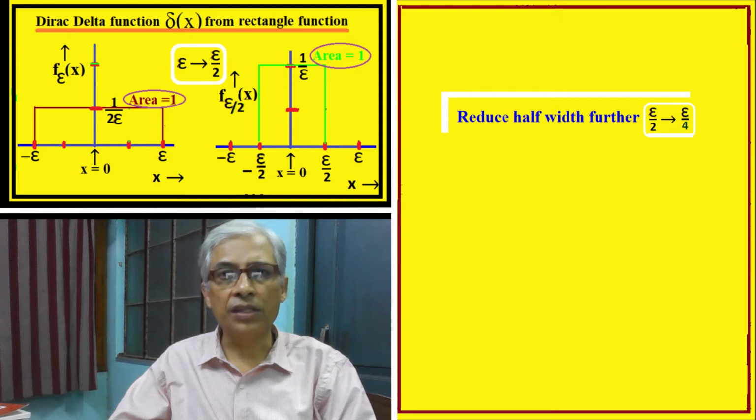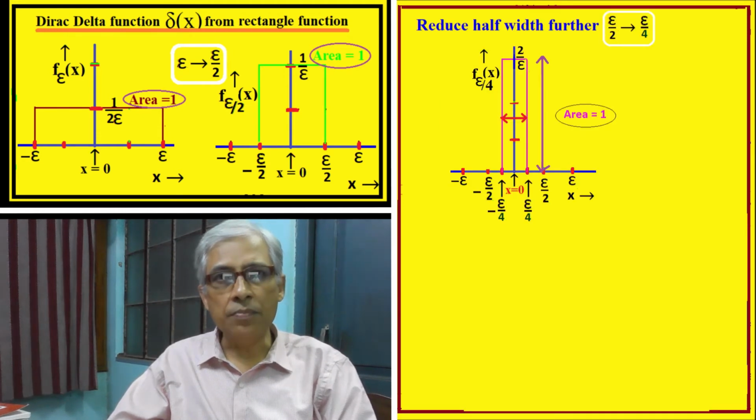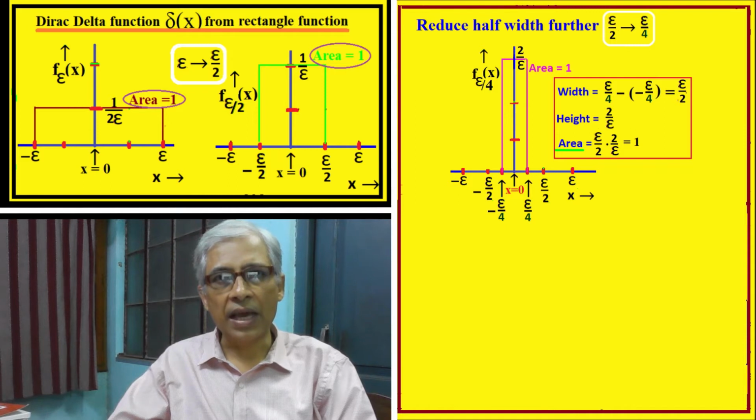So the half width is now epsilon by 4, and to keep the area unchanged at unity, we have to increase the height to 2 by epsilon. You can see the plot of f of x with half width epsilon by 4 as the subscript. The area is worked out in the box with the red outline, which is obviously unity.